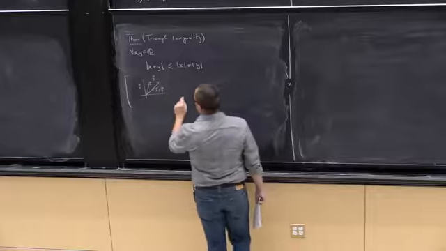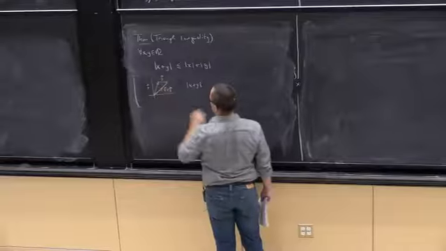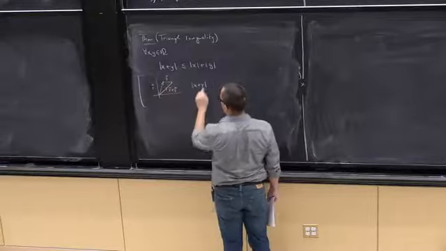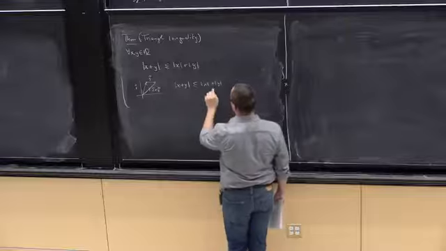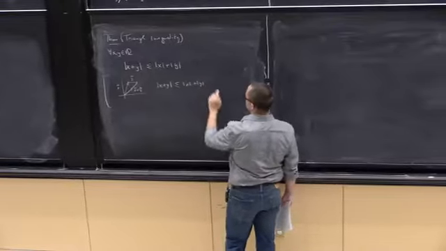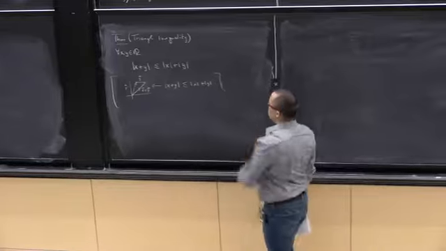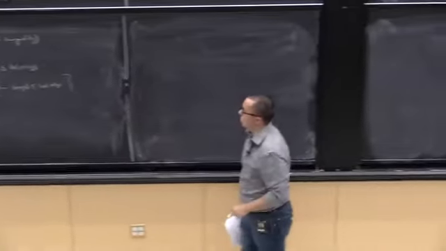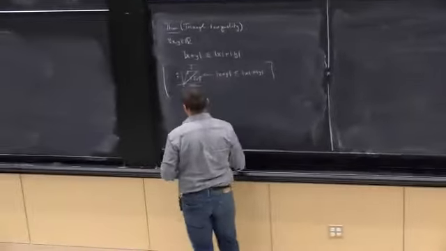Then what this is stating is that the length of one of these sides of this triangle is less than or equal to the sum of the lengths of the other two sides of the triangle. Okay? So that's why it's called the triangle inequality. Okay, so the proof is not very difficult.